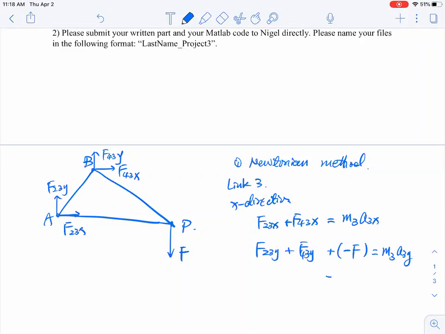And then you have your J3 theta 3 double dot equals T23 plus T43. You also need to consider the TP, which is a torque introduced by P. And going back to our previous assumption, these linear accelerations and all the torques are calculated around G3.